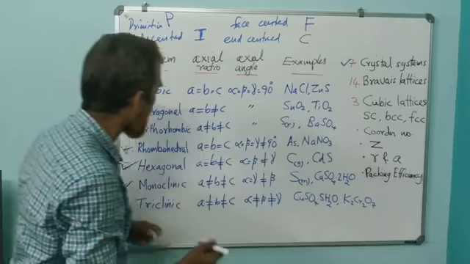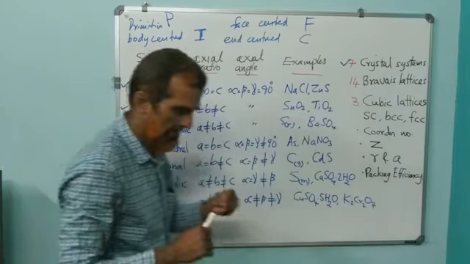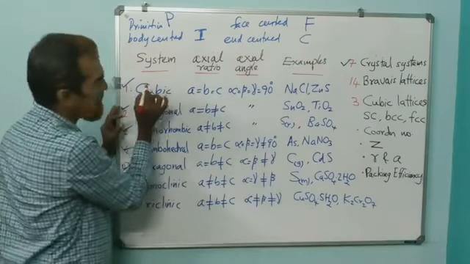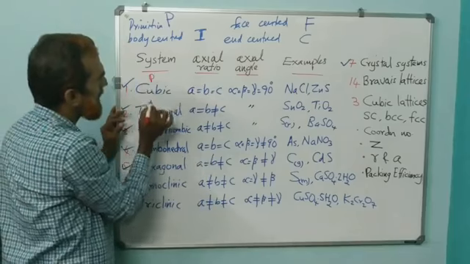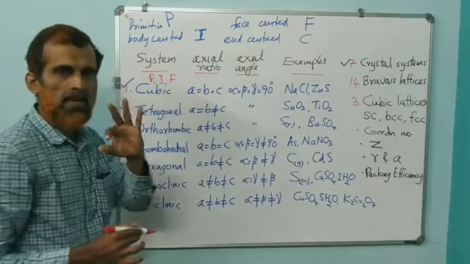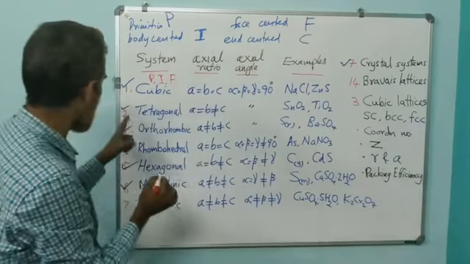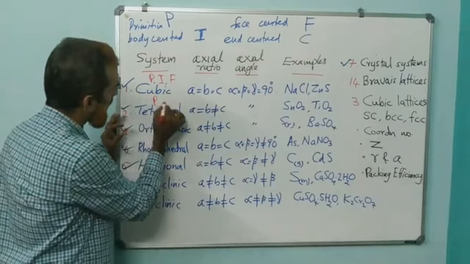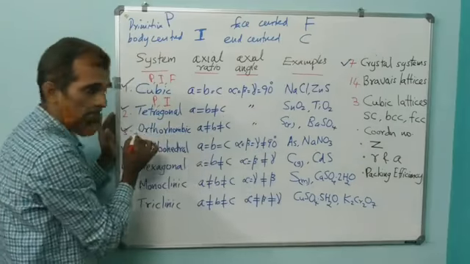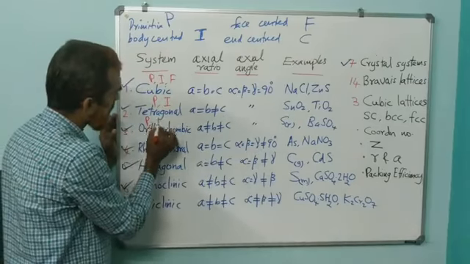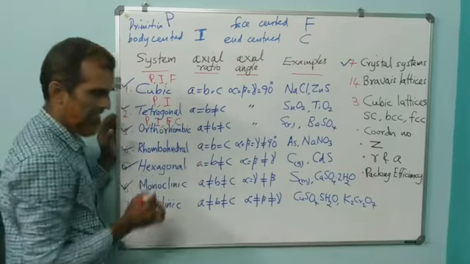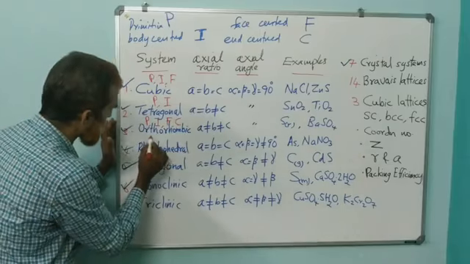Keep that in mind. Now, how do we get these 14 Bravais lattices? In cubic, there are 3 types of lattices: primitive, body-centered and face-centered. In tetragonal, there is primitive as well as body-centered. In orthorhombic, all 4 types are there: primitive, body-centered, face-centered and end-centered. Rhombohedral has only primitive.